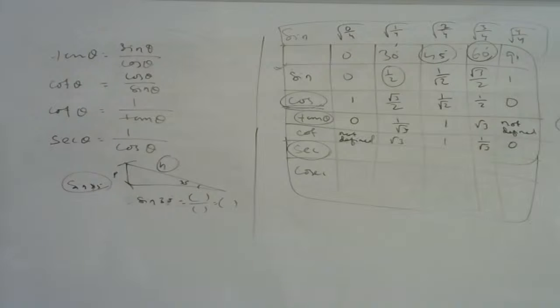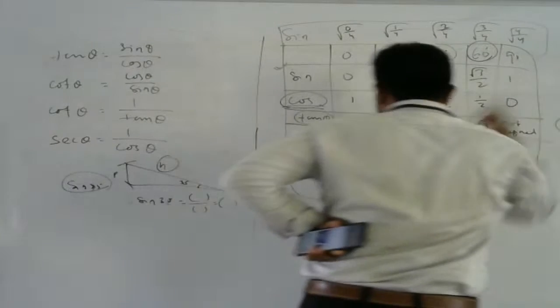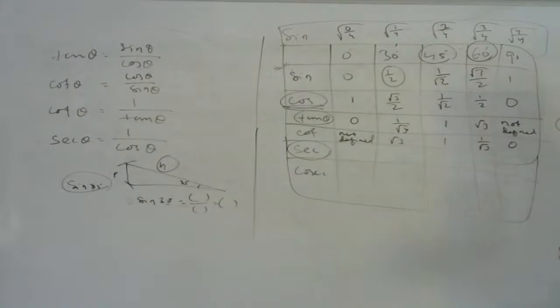We can also find out the ratios for other angles. Also, angles beyond 90 exist, like in class 11 you will learn about sine 120 degree, sine 135 degree, sine 150 degree.